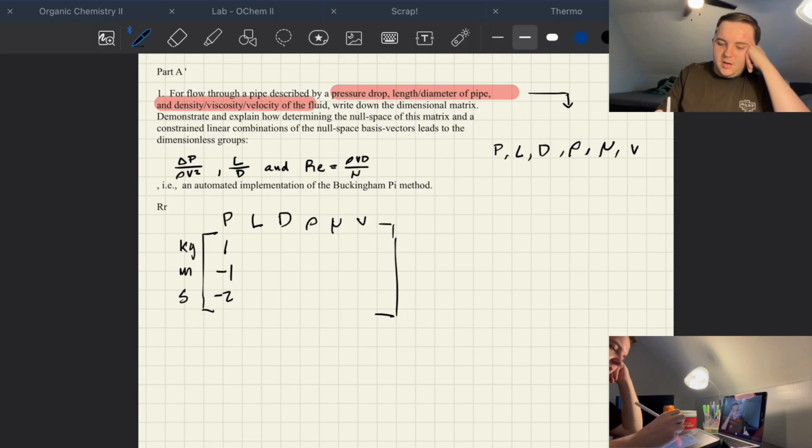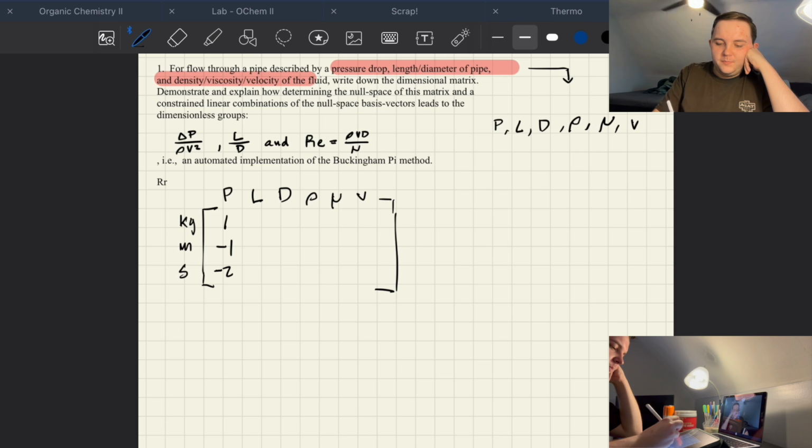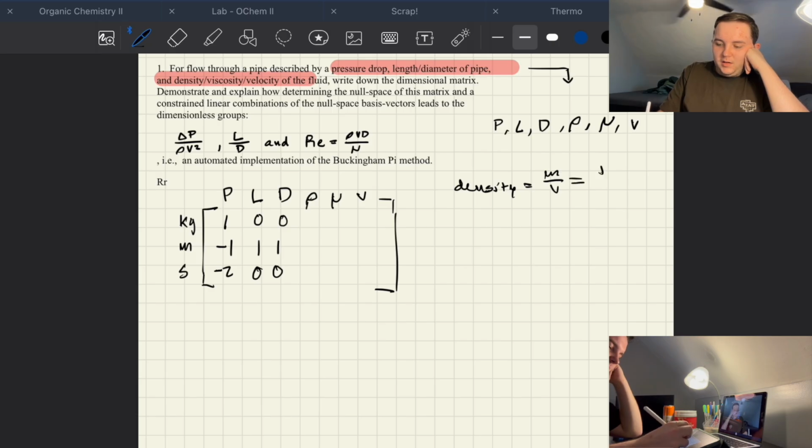Then our length and our diameter are going to be exactly the same, which is just meters. So we can just put 2 zeros in kilogram and seconds and 1s in our meter spot. And then next we have our row here, which is going to be our density. I should probably be writing this up. Density is mass over volume, which is going to be equal to kilograms per meters cubed.